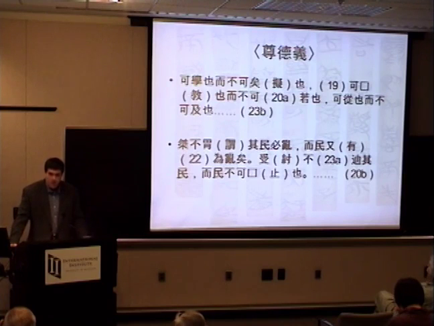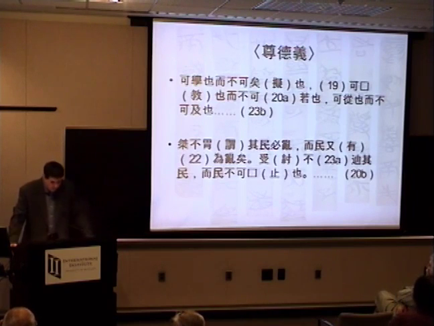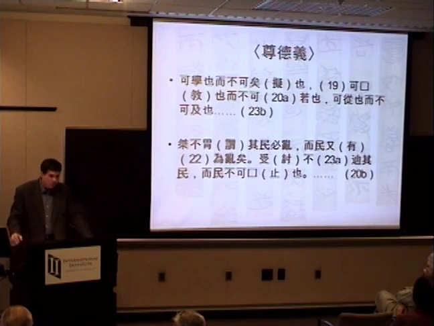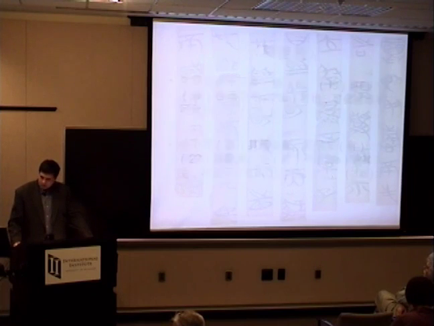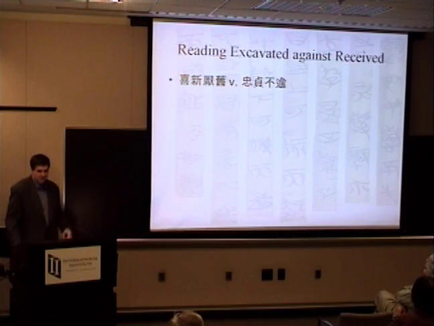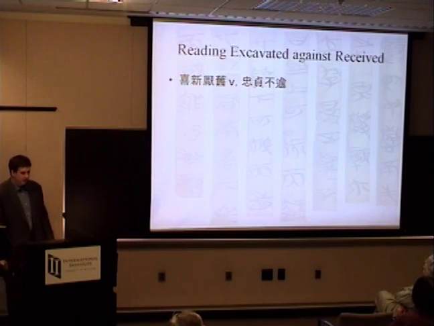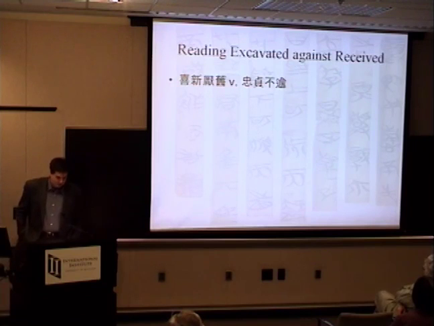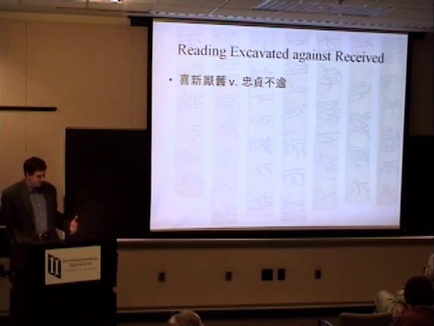Now, I've talked before, and really Qiu Xigui preceded me in explicitly addressing this issue, about the need to avoid two kinds of psychological extremes in reading excavated manuscripts against their received counterparts, right? One of which I term 喜新厌旧, delighting in the new and detesting the old, and the other 忠贞不渝, kind of faithful to the end.